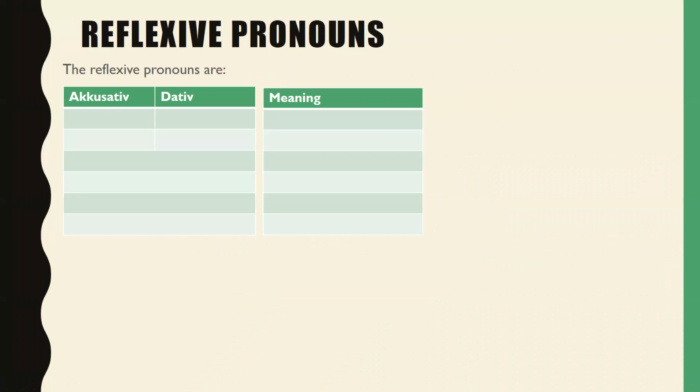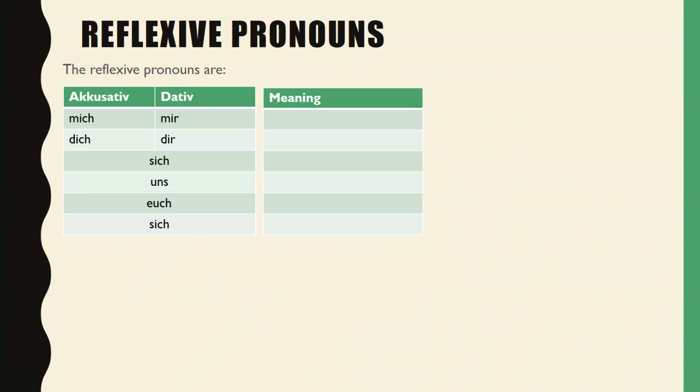the reflexive pronouns are mich, mir, dich, dir, sich, uns, euch, and sich. Sich, uns, euch, and sich are the same in accusative and dative, so I only wrote them once because it's easier to remember fewer things.